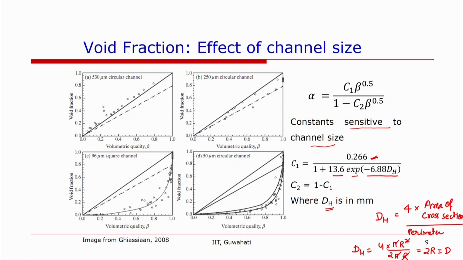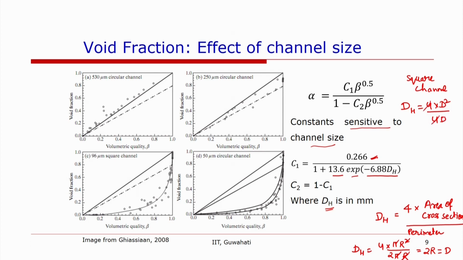For a square channel, if d is the channel dimension, one will again get dH is equal to 4 into d square divided by 4d.